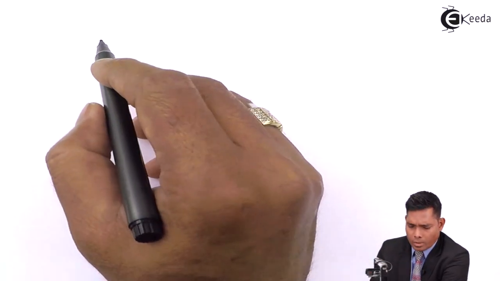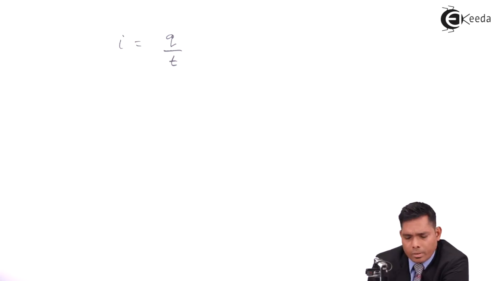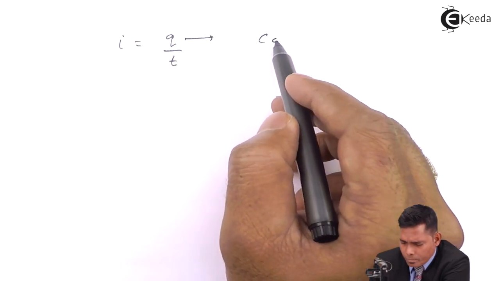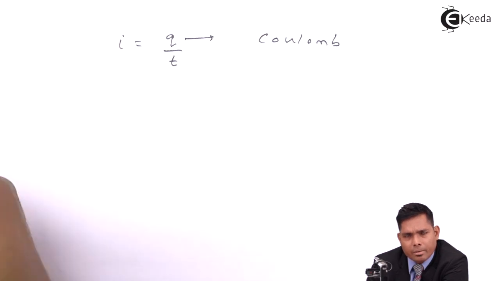Now, as I equals q by t, the unit of q is coulomb and the unit of t is second in the SI system.